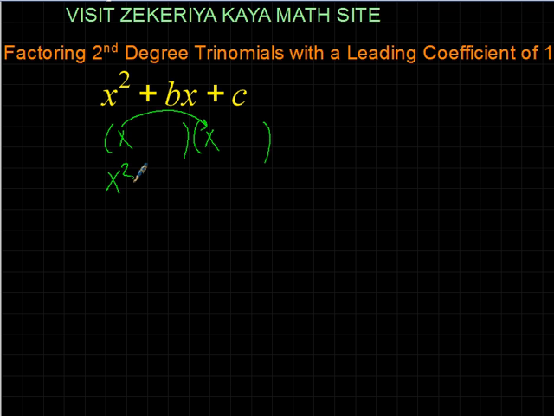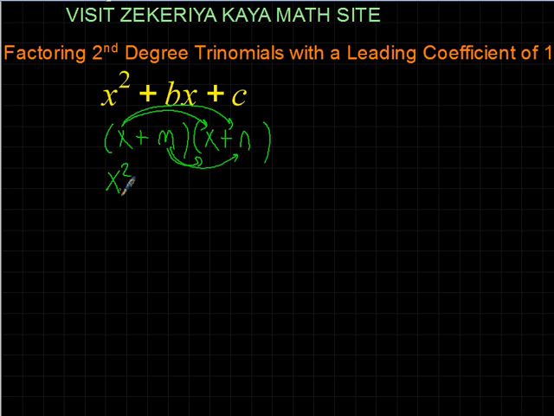I also have plus bx and plus c. To make them, I need to add or subtract some other numbers. Now I'll make this to get the formula. Because of that, let's write it generally like m and n.